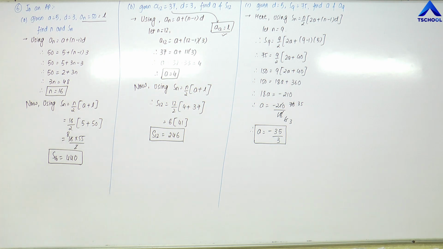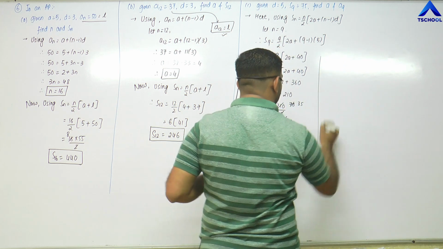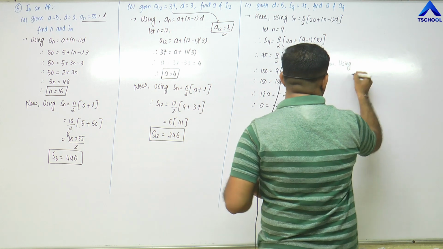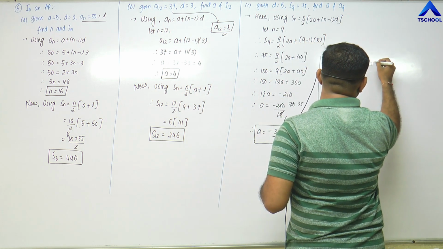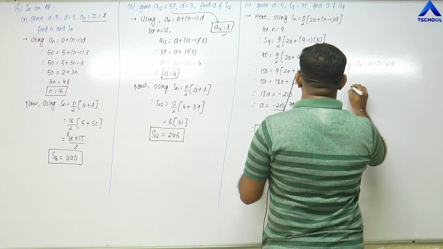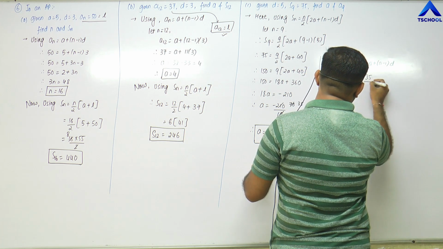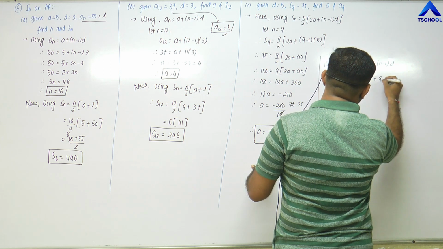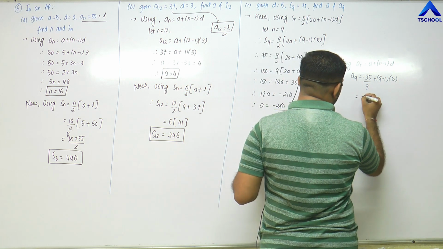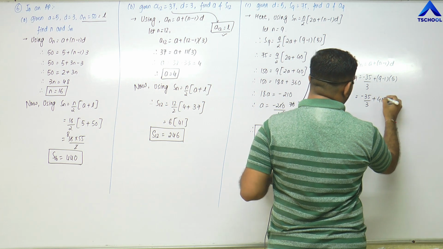Now we need to find out the value of An. Using An equals A plus n minus 1 into D, A9 equals minus 35 by 3 plus 9 minus 1 into 5, which is minus 35 by 3 plus 8 into 5, 40.